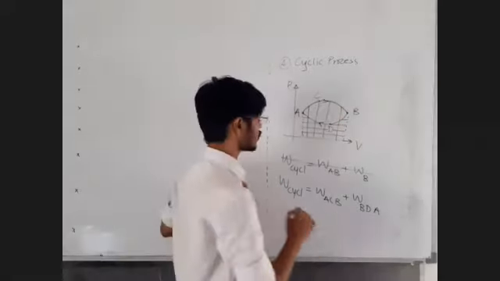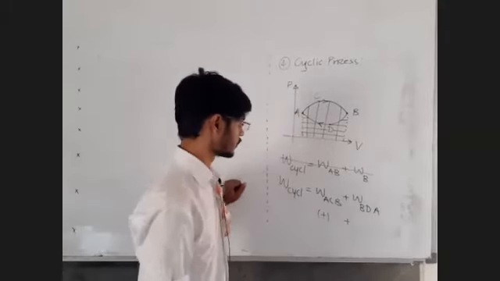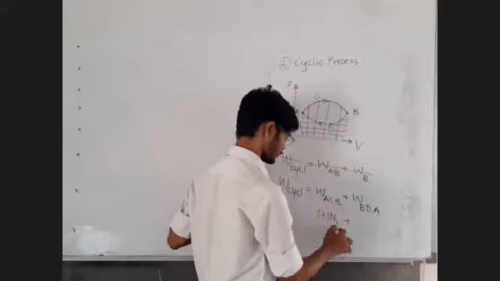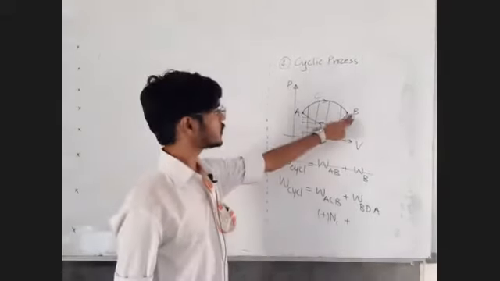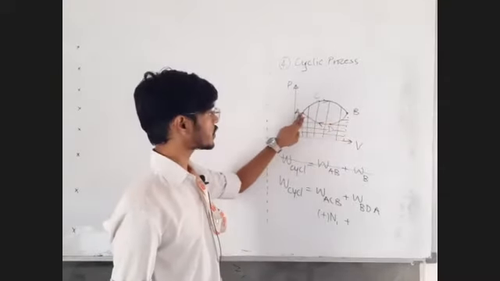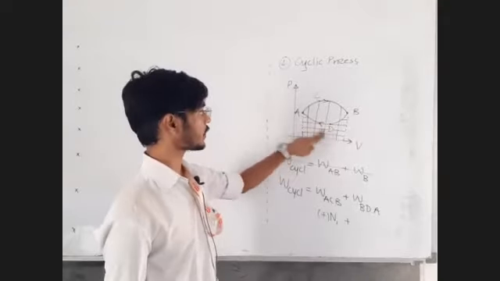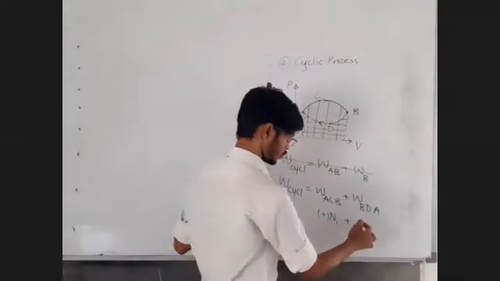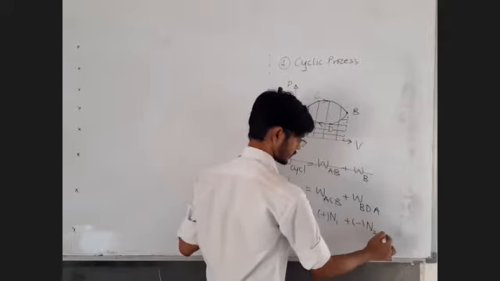So this is going to be a positive number, let's say numerical value n1. What is the BDA work done, positive or negative? Sir, volume is decreasing, so it is going to be a negative number. Numerical value is, let's say, n2.